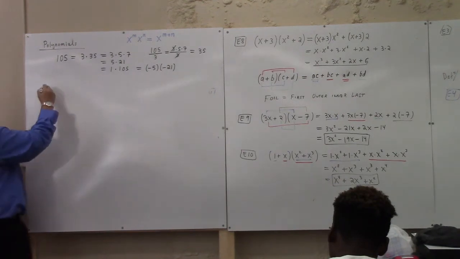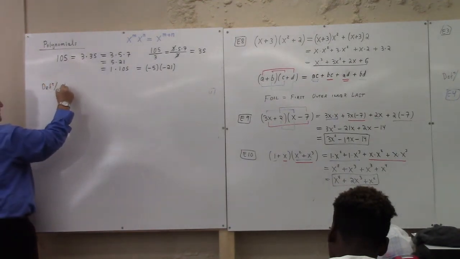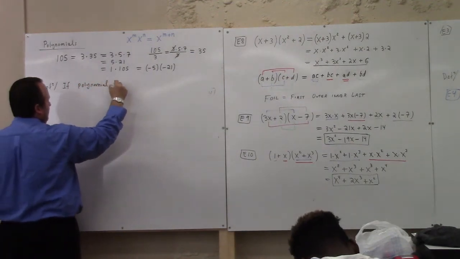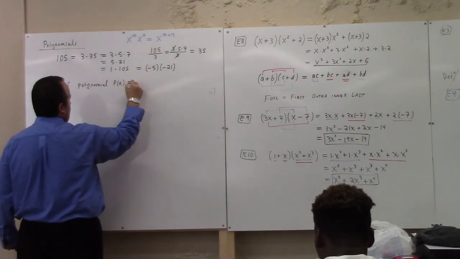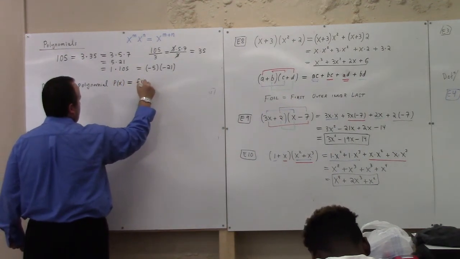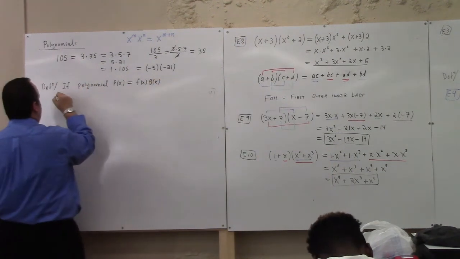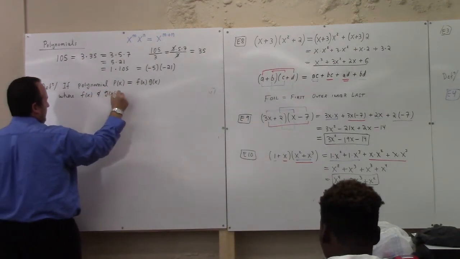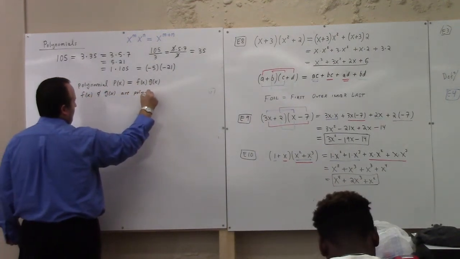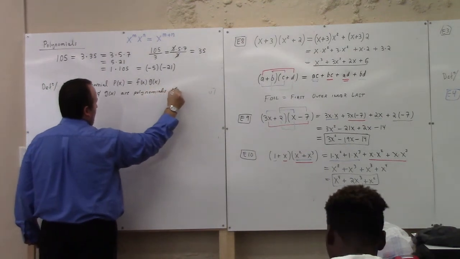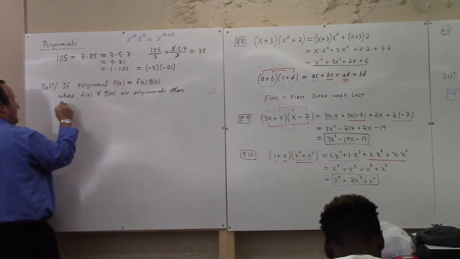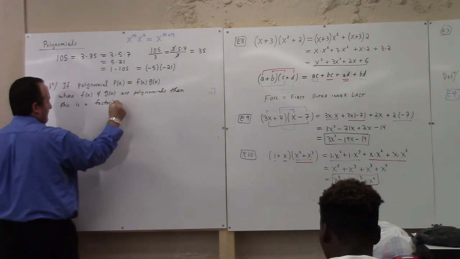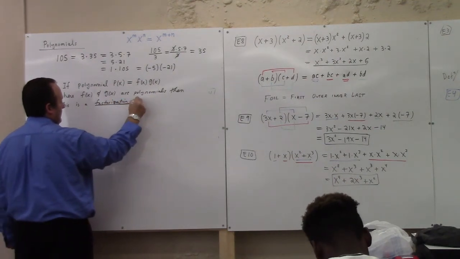Definition. If polynomial p of x is equal to, let's say, f of x times g of x, where f of x and g of x are polynomials, then this is a factorization of p of x.